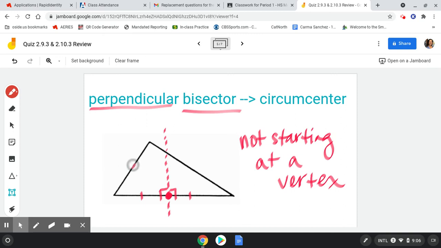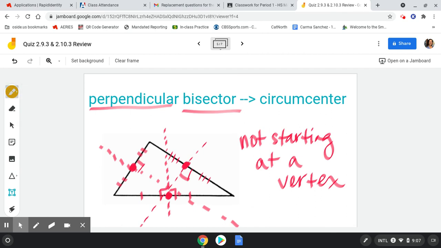Let's look at this next one. Here's my midpoint, more or less. I want you to imagine a perpendicular bisector going through that, meaning that it's forming a 90 and it split this in half. And finally, the last one might be right here, where it split this in half and it's forming a 90. So picture this line and how it doesn't come from a vertex.